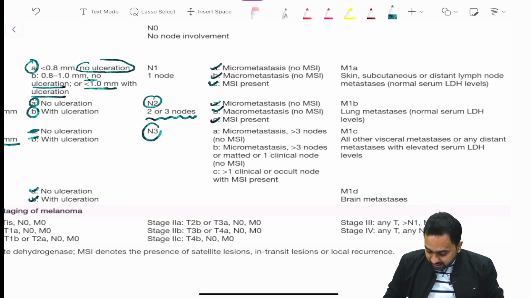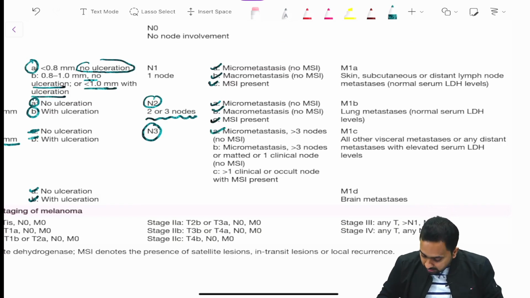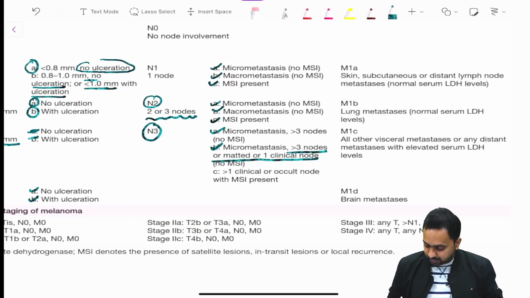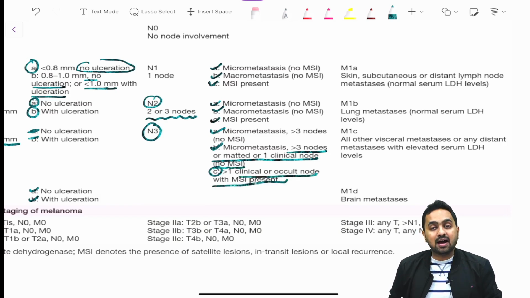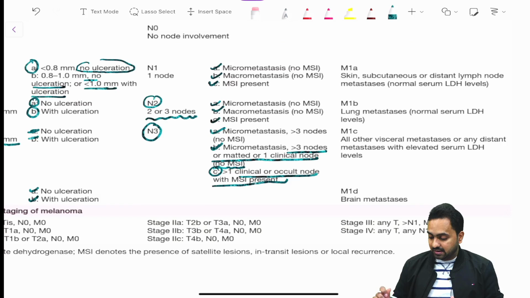In case of N3, we have micrometastasis in more than 3 nodes. In B, we have micrometastasis in more than 3 nodes or 1 clinical or matted node, and there is no MSI. In N3C, we have more than 1 clinical or occult node with MSI present. MSI is your satellite nodule.